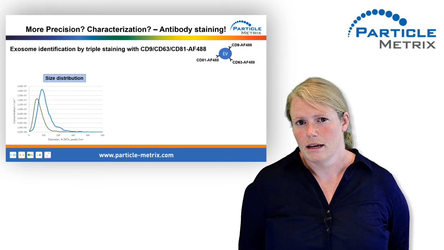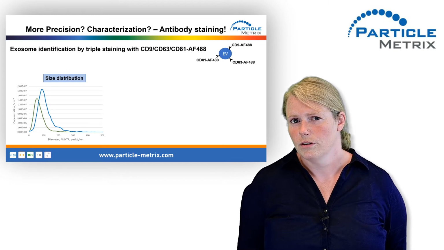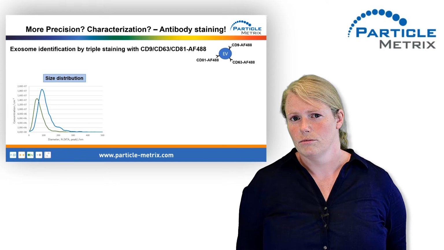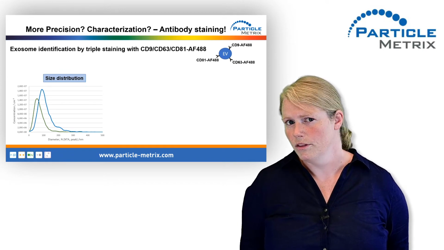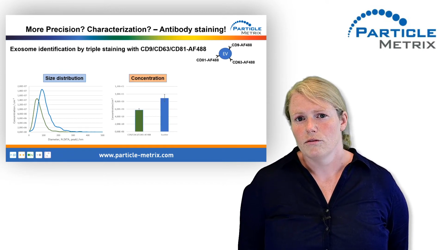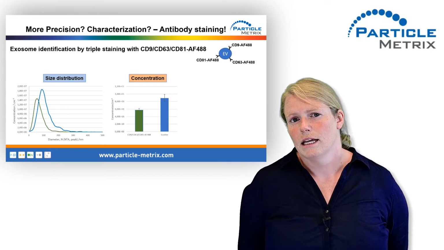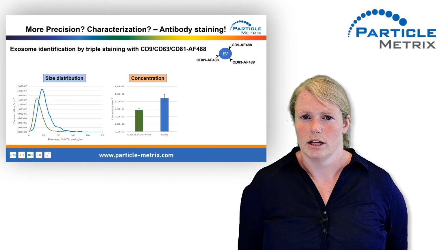We used the same exosome standard as I showed you before. In green, you see the result of the fluorescent channel, and in blue, you see the result of the scatter. We performed this experiment 4 times, and if we have a closer look at the concentration, you find roughly 65% of all particles back in the fluorescent channel.